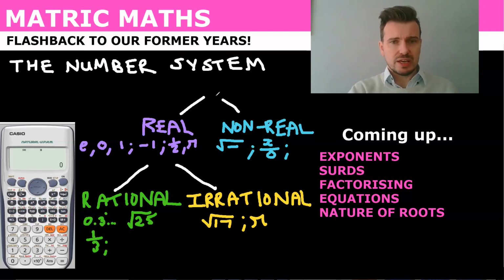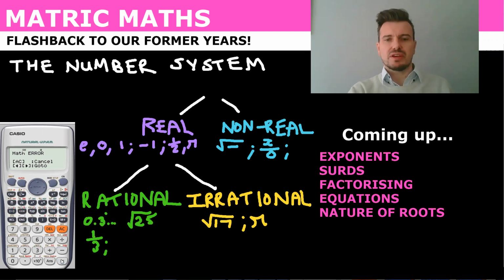Okay, so let's just have a look quickly at what I'm talking about with the calculator. So say I've got my calculator here. The square root of -3 equals, and I get a math error. So that immediately goes into the light blue, non-real, does not exist. And let's clear that.